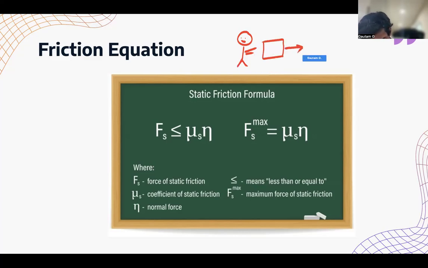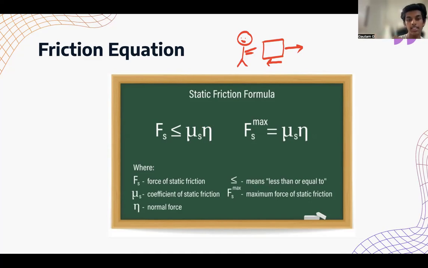Let's say the force of the static friction is greater than, and we're covering the normal force right after the friction, but let's say the static friction is too much.